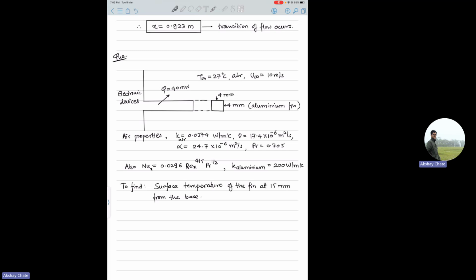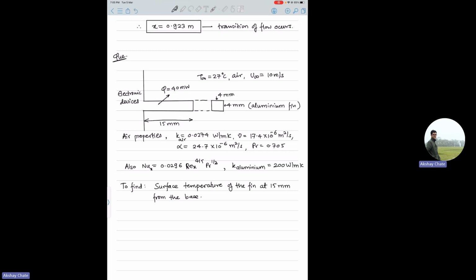Okay. Yeah, so actually this total length itself is 15 mm.